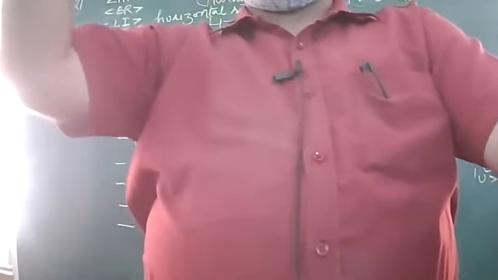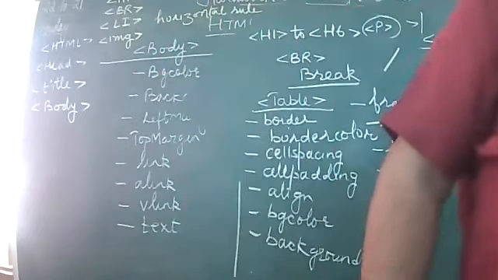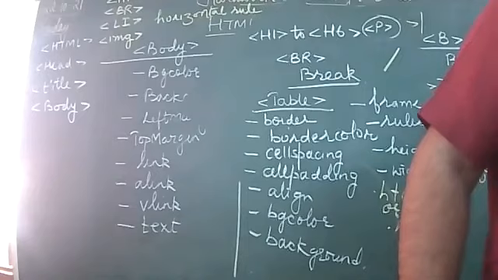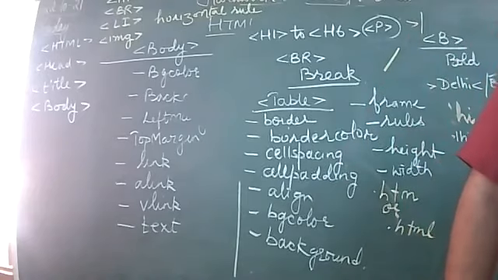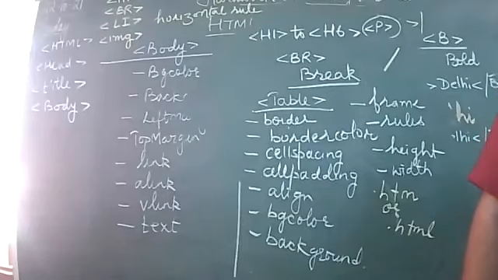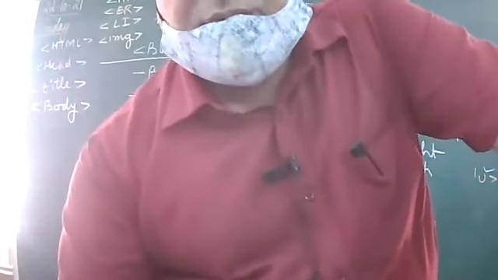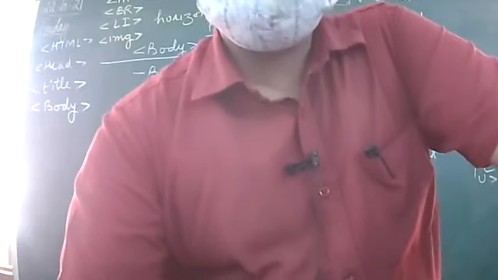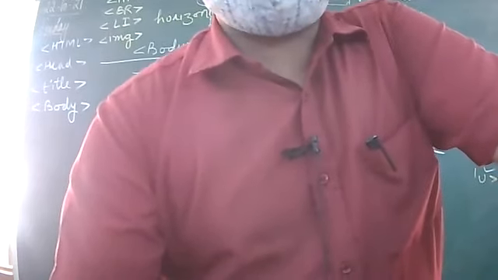Then make one correction in your book. Come on the very first page of this chapter. Under the paragraph, creating an HTML document, the very first line, text editor like Notepad and WordPad. Cut the word WordPad. WordPad is not a text editor.